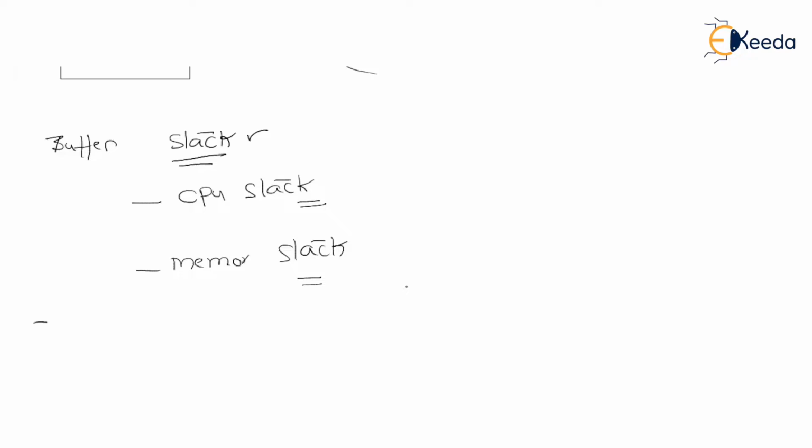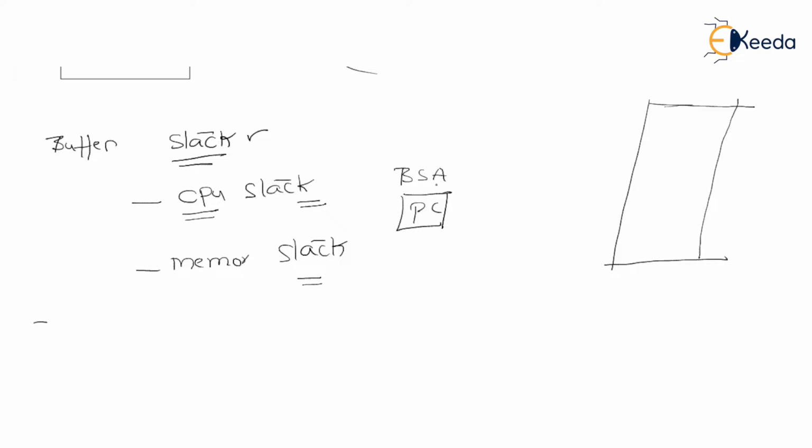That is the difference. Now, every time you perform a call, when you execute a BSA instruction, the next instruction's address, that is the program counter value, should be saved. Where? Within the stack of the CPU. You know that the CPU has a stack. So before we branch to the subroutine, we perform a push operation.